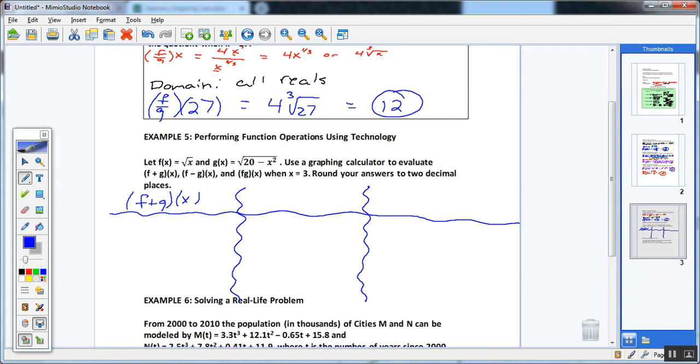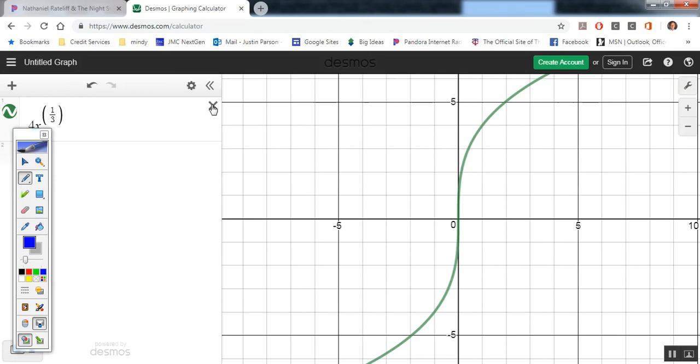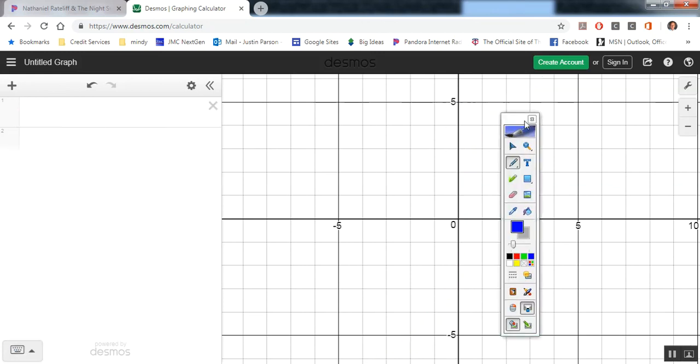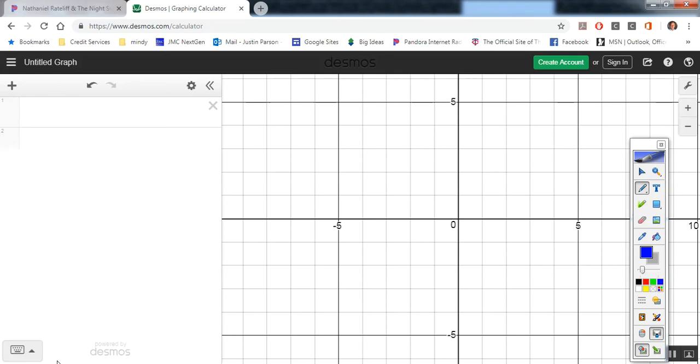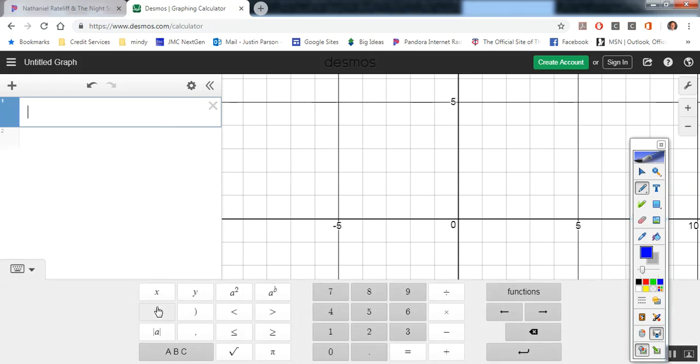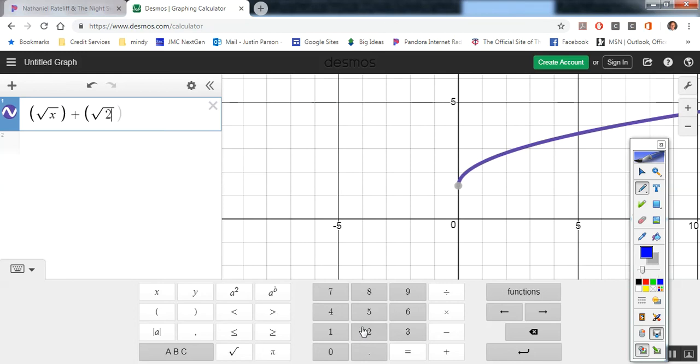So what do I have to type in? F plus g, what do I have to type in? Okay, I'm going to put square root of x in there first, and get outside of parentheses for that first one. Plus the square root of 20 minus x.